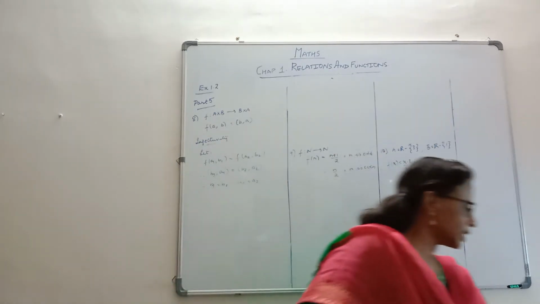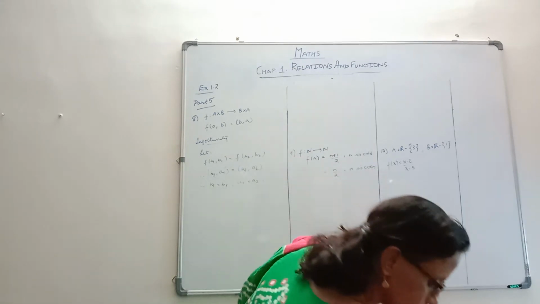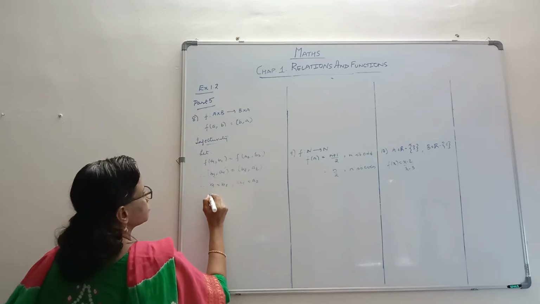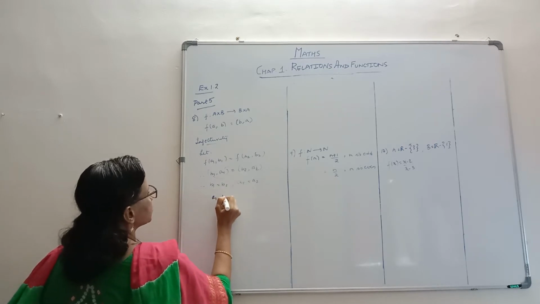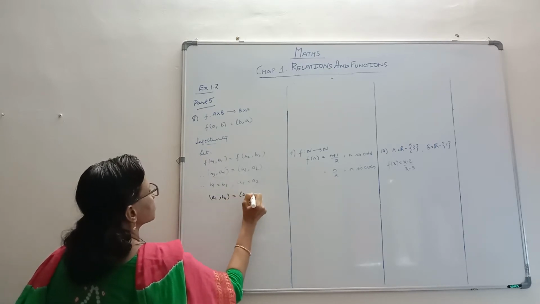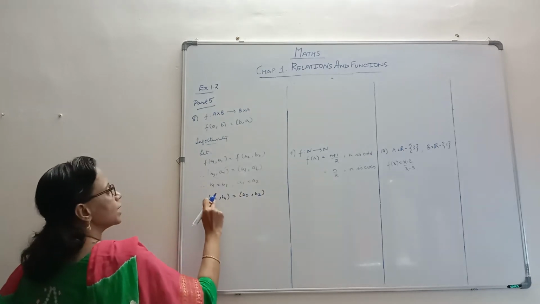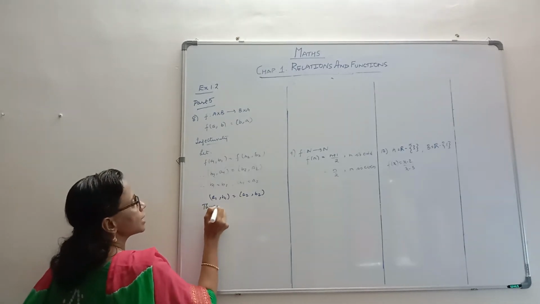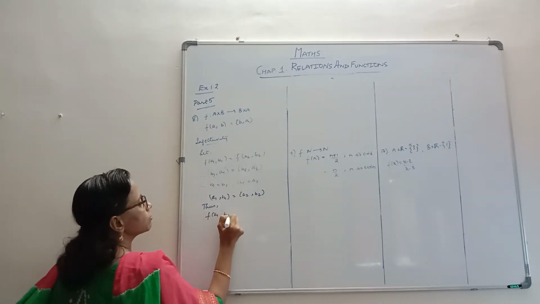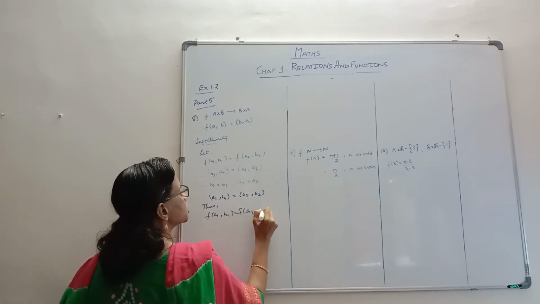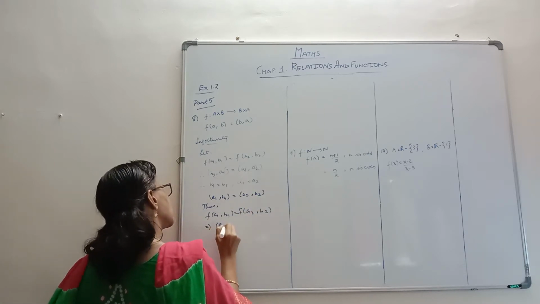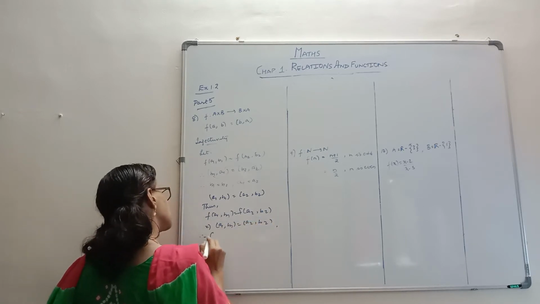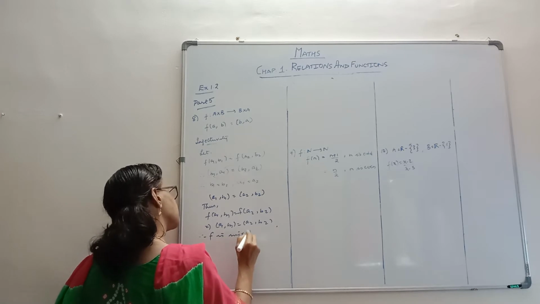Hence (a1, b1) equals (a2, b2), because a1 equals a2 and b1 equals b2. Starting from f of (a1, b1) equal to f of (a2, b2), we have reached (a1, b1) equal to (a2, b2). So f is injective.